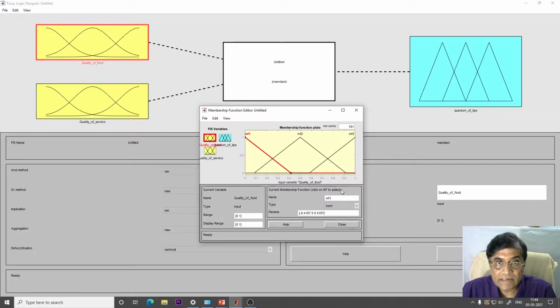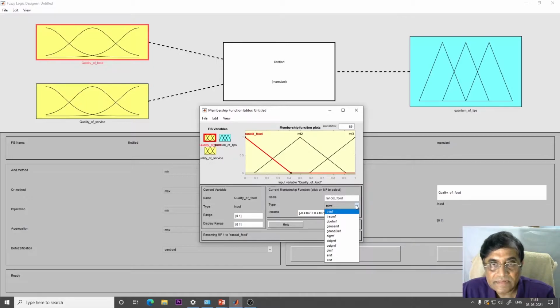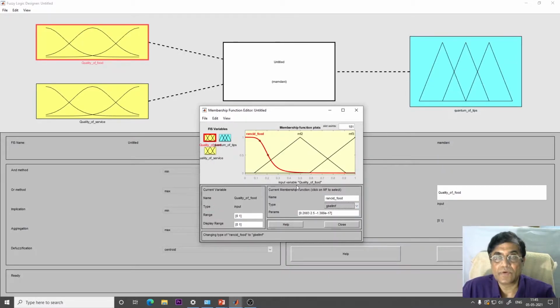Say this is my membership function, which is telling me the rancid food or bad food. So it is characterizing bad food, and I can select what the membership function will be. There are so many given for the designer. I have selected one.